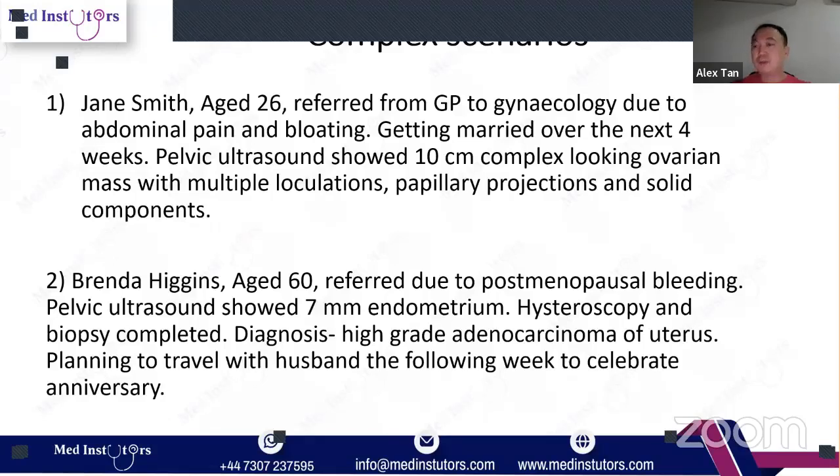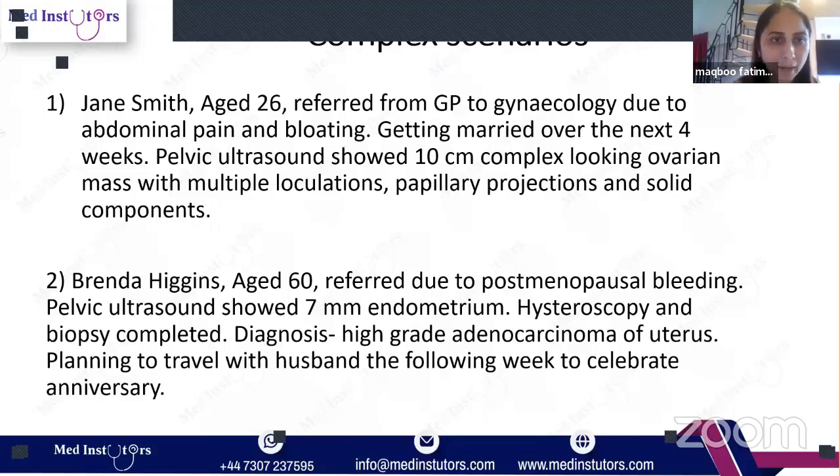Okay, what would you take out in the operation? Yeah, we will see if there is any fluid collection in your tummy, then we will take samples. And if there is spread outside in the lining of the tummy, then we will also take a sample from there. We will check your liver, and the surgery will depend on your fertility wishes and how much the disease has spread.